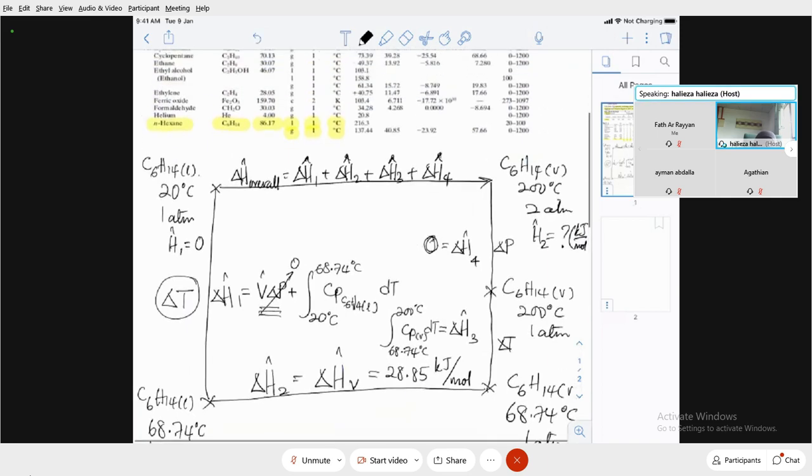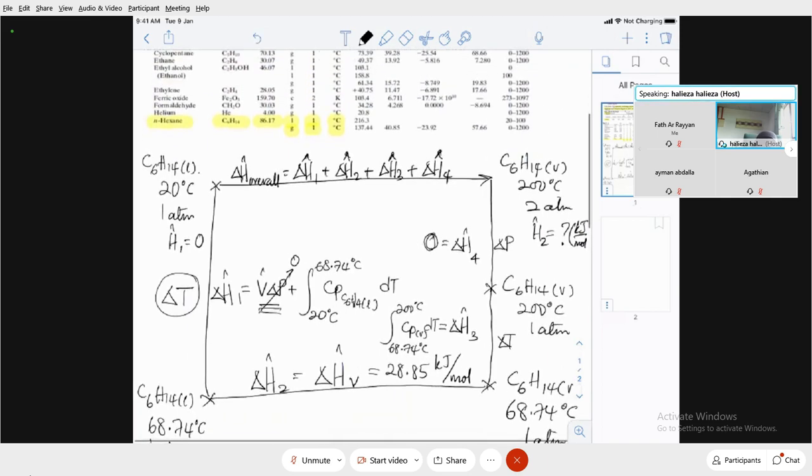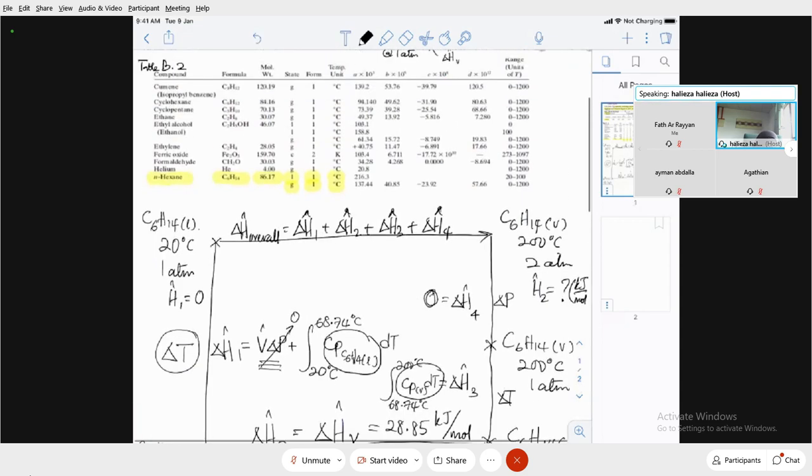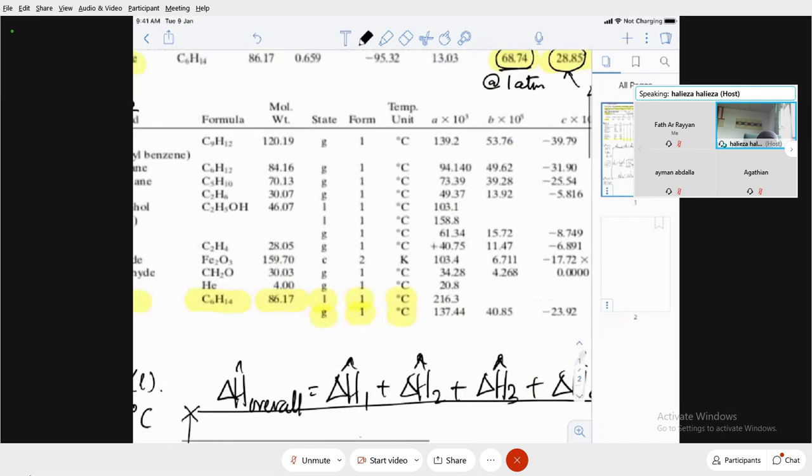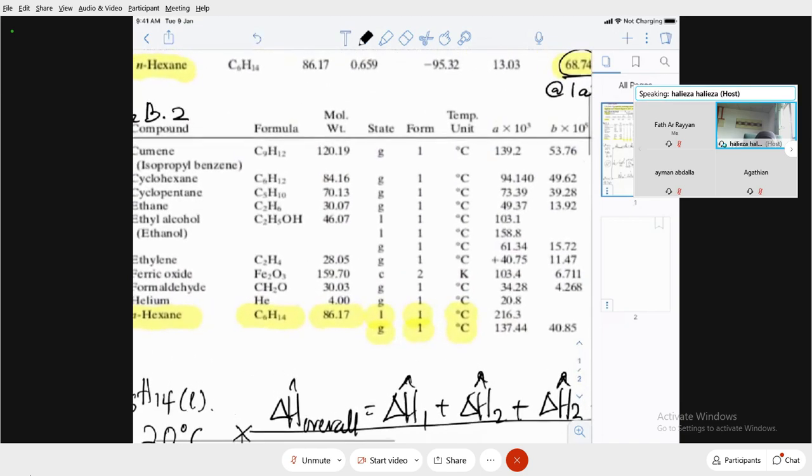Just now we have liquid. This is for liquid, this is for liquid, that is liquid, this is for liquid. Okay, that's liquid. That's for vapor. So let's check for n-hexane. That's liquid, and that's the unit for your temperature.